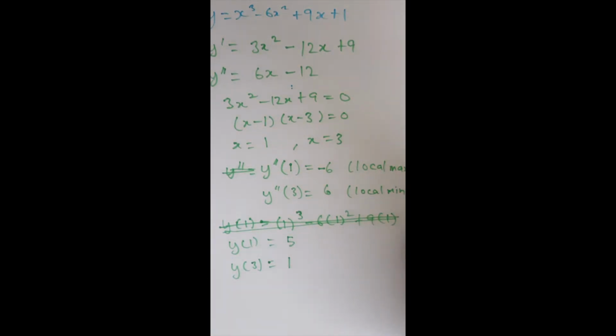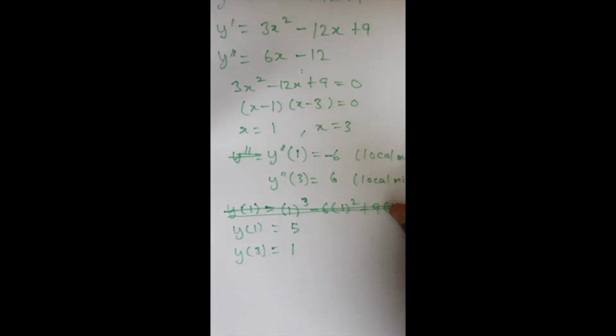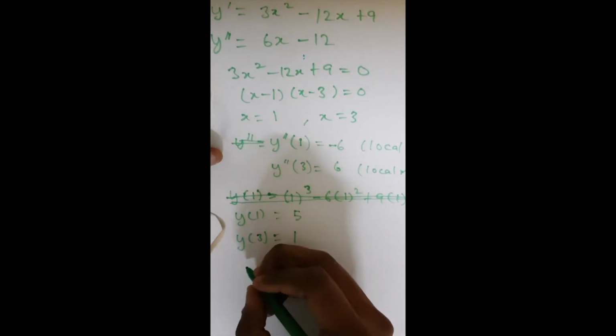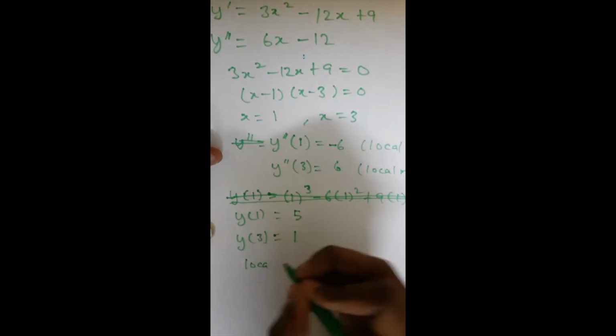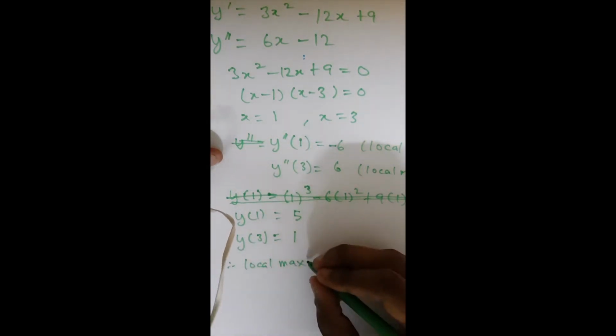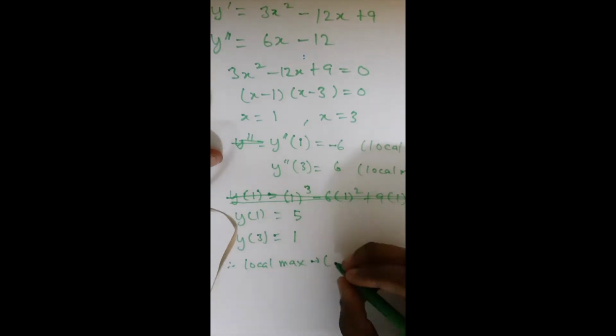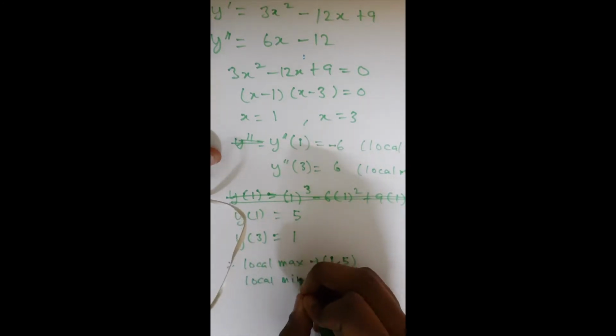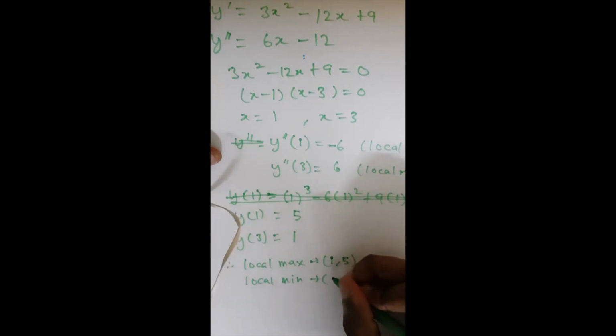And therefore, we can conclude that the local maximum is (1, 5), while the local minimum is (3, 1).